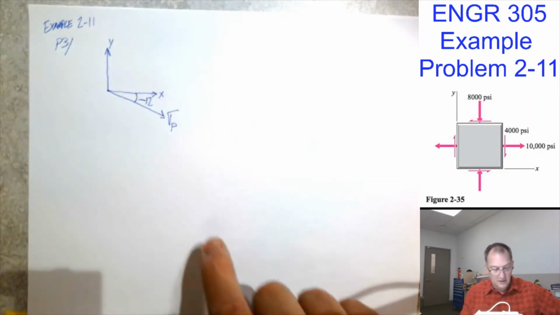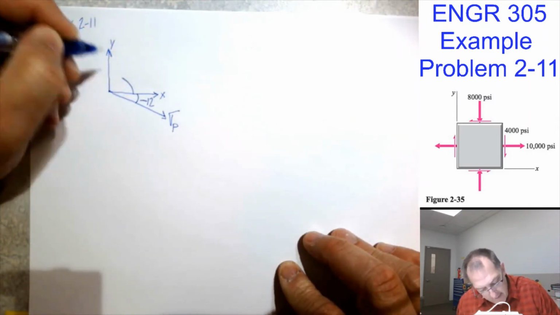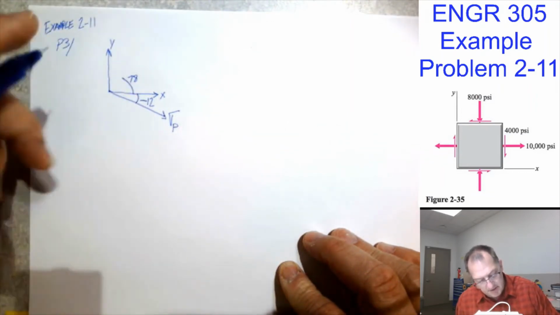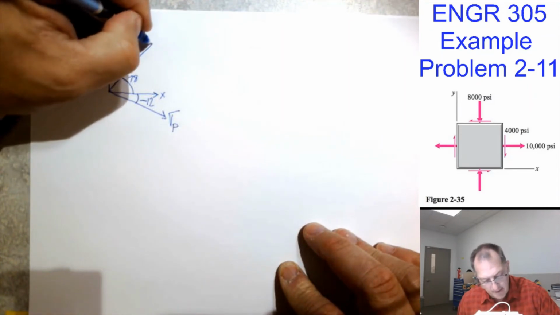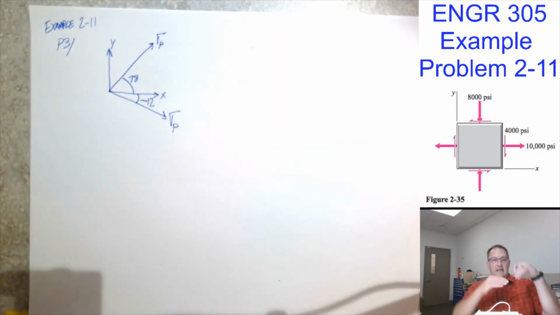All right, 78 degrees, well, that makes a lot of sense, because 78 degrees plus the 12 gives me 90 degrees, and that says that my principal planes, where these principal stresses occur, are 90 degrees apart.